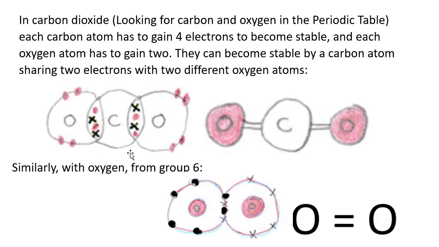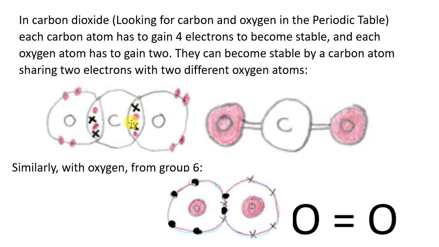Oxygen has 6 outer electrons, we can see. Oxygen atoms need to gain 2 and so share 2. The sharing is always fair, it's always even. Carbon needs to do that with 2 oxygen atoms to get the full outer shell of 8 that it needs to become stable.